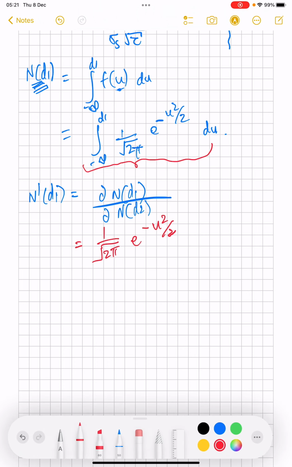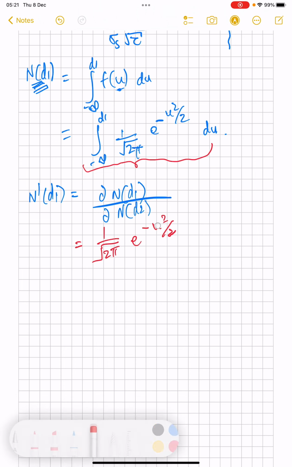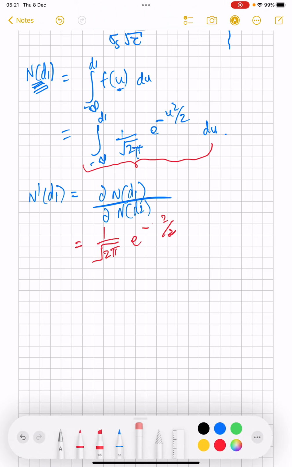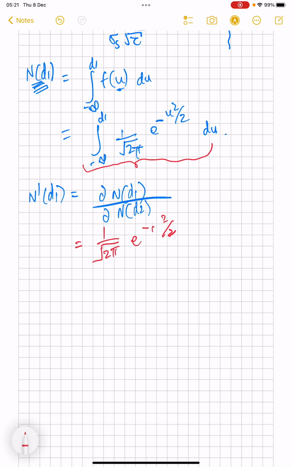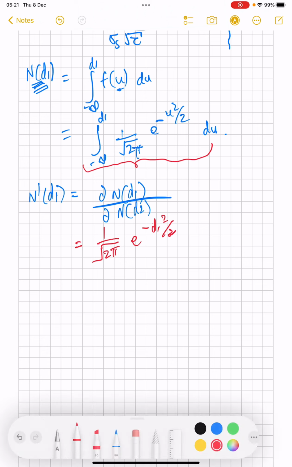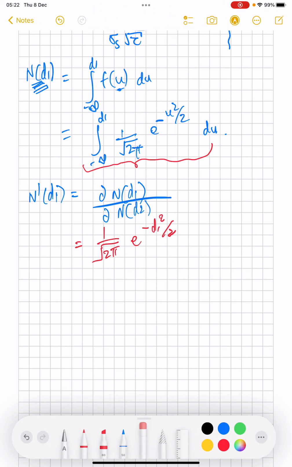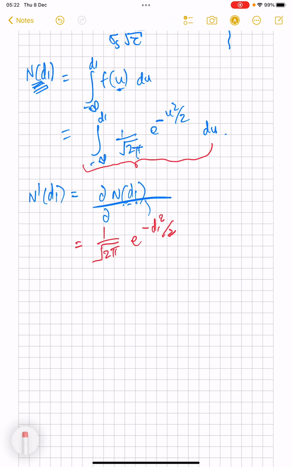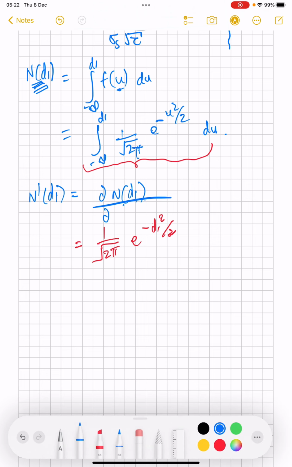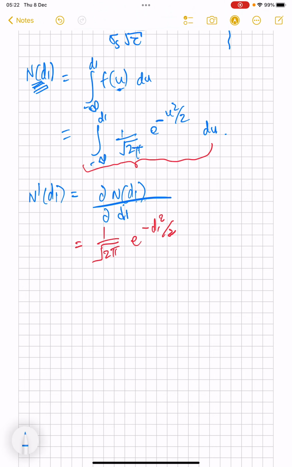Now the u becomes d1 squared. All right. Oh my gosh, I've just made a mistake here. This is the derivative of d1.